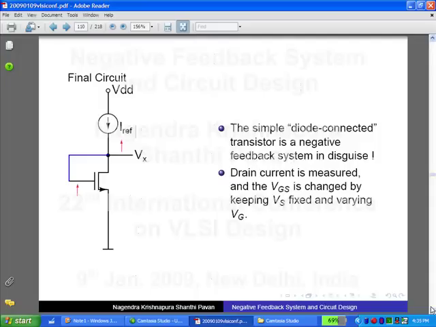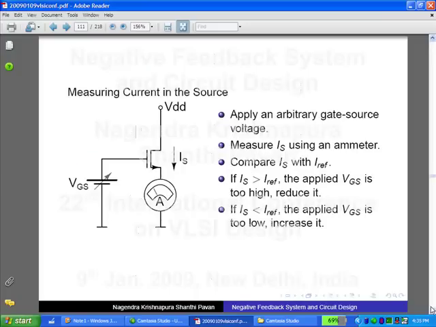What is happening implicitly is that the drain current is being continuously compared with the reference current, and depending on the error, the gate is kicked in the right direction, so that when everything is stabilized, this current exactly equals IREF. Okay. The same thing also holds for a bipolar transistor. Okay. All right. So let's go a little quickly now that you understand the basic idea.